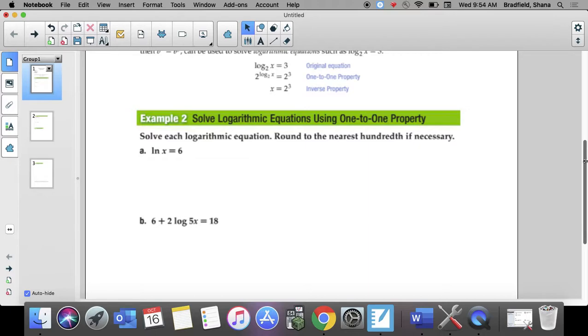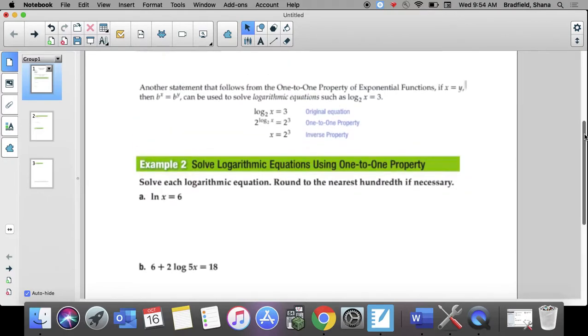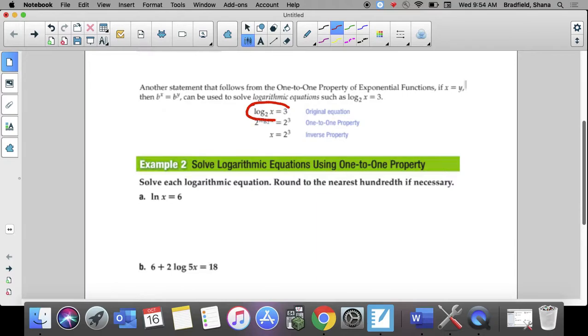And you can see that that's actually what's happening in this example at the top, is that they've taken log base 2 of x equals 3. And since the base is 2 on the log, they've let those parts on the left and the right be exponents, and they've given a base of 2, because a base of 2 and then an exponent with a log of 2 will result in just x. So we're going to do the similar kind of thing here for this guy.